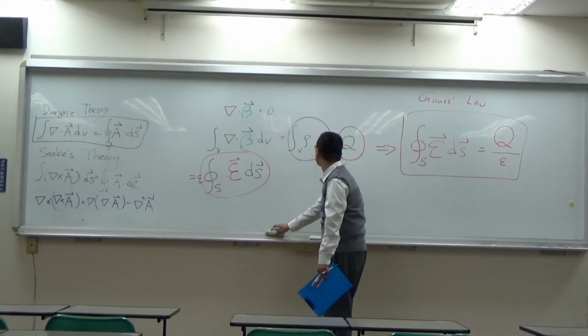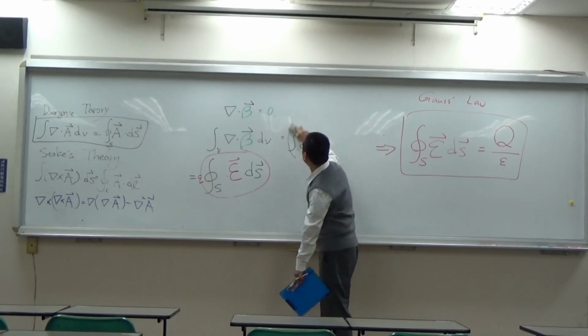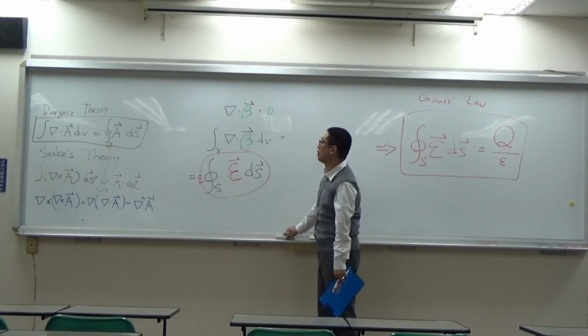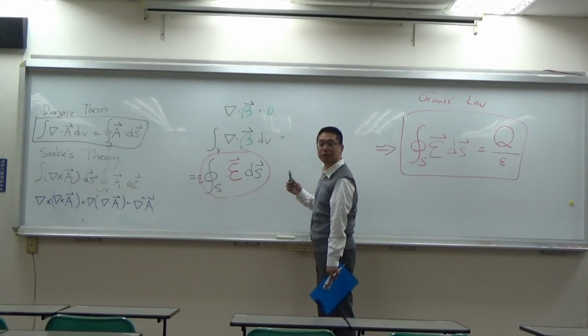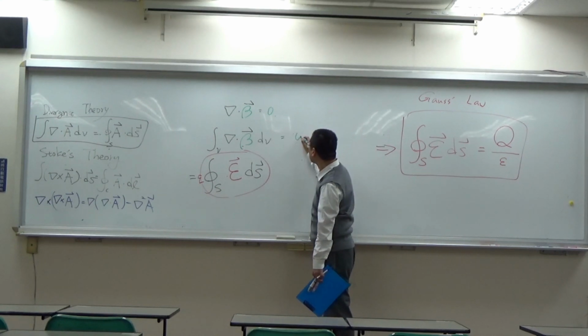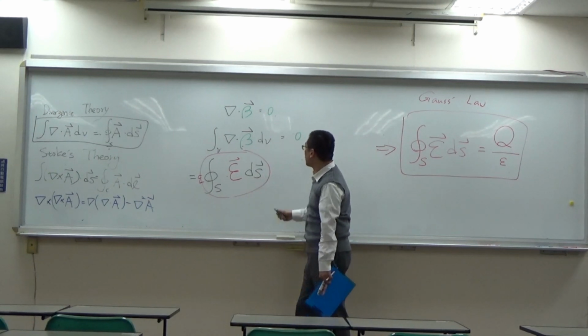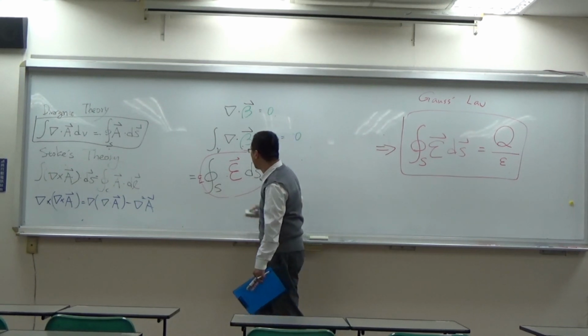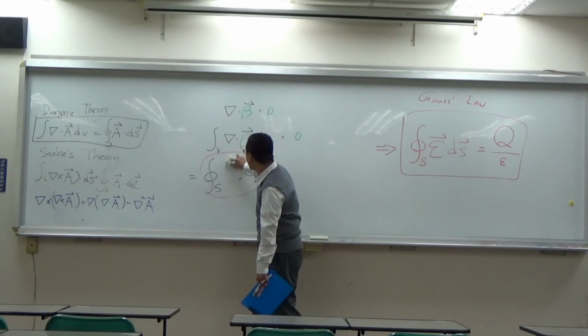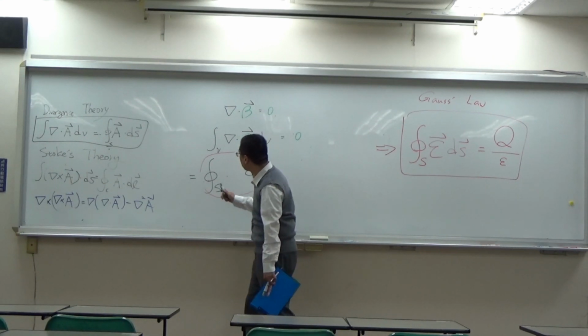For this part you have nothing because you don't have a magnetic charge, you have only electric charge. And B equals mu multiplied by H.